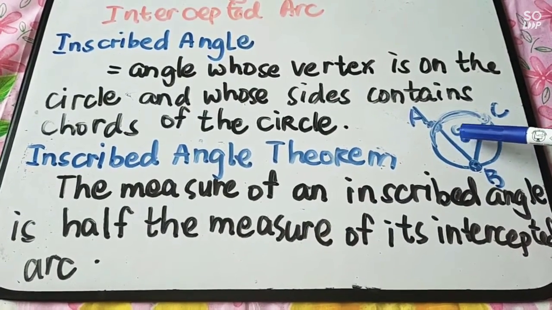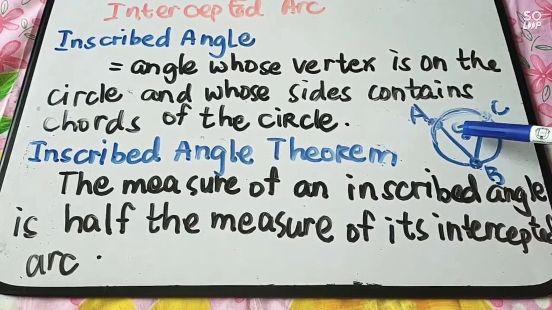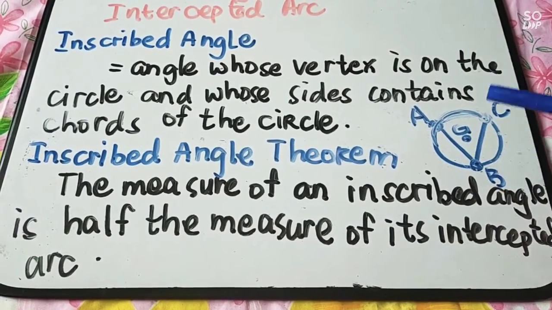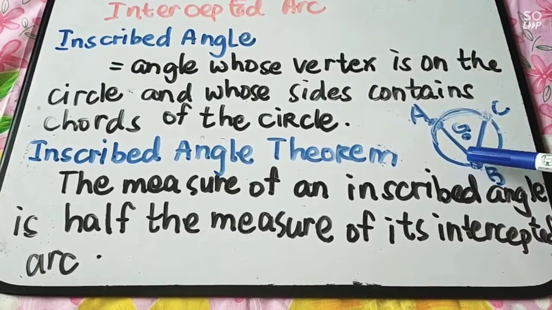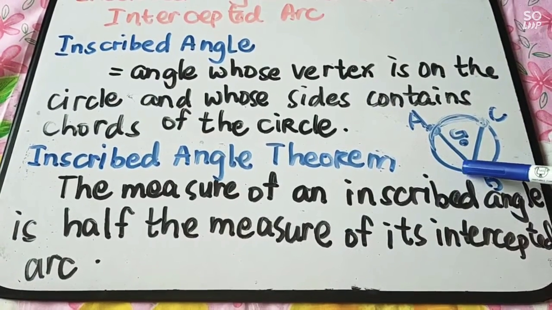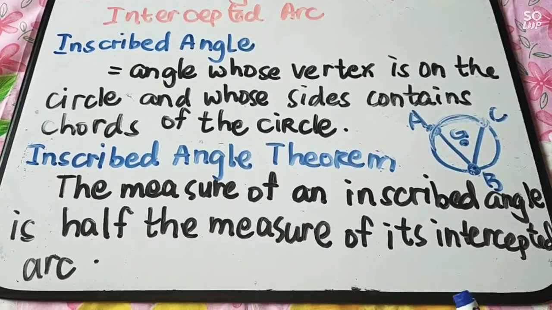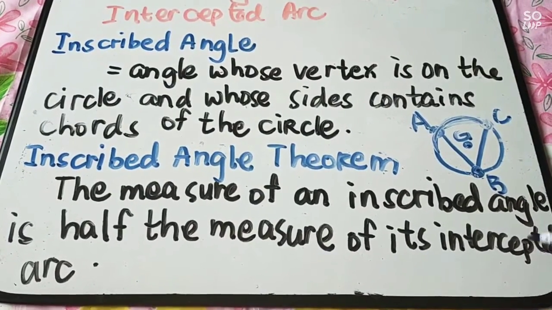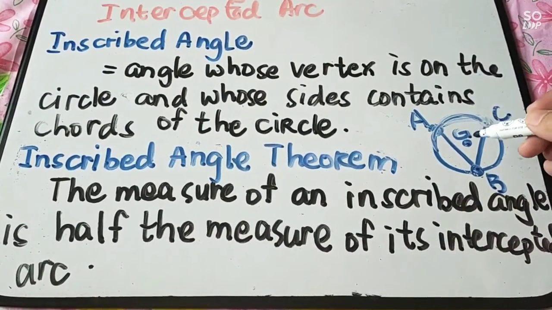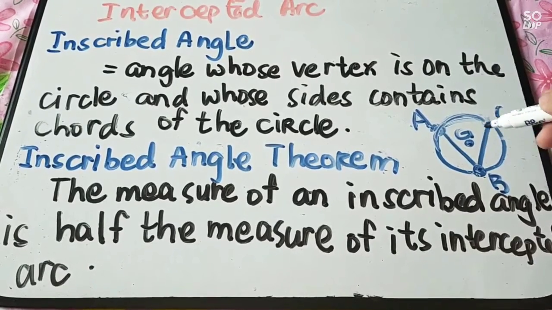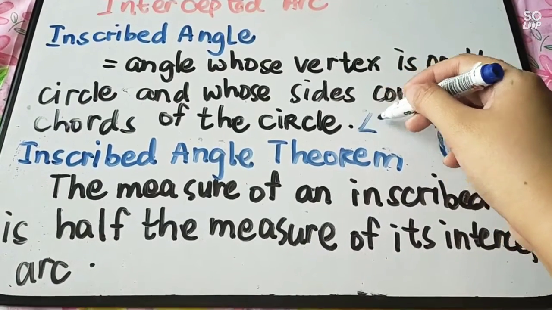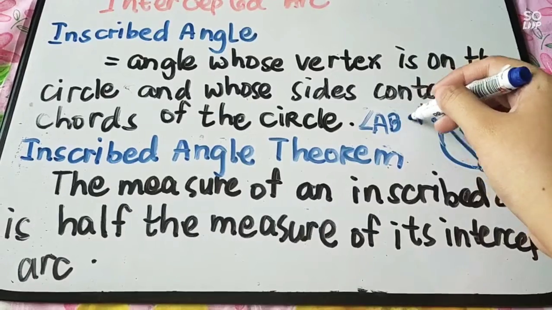Kapag ang common vertex niya ay nasa center, ang tawag sa kanya ay central angle. If the vertex is on the circle, ang tawag sa kanya is inscribed angle. Is it clear? So, the inscribed angle in this circle G, we have angle ABC.